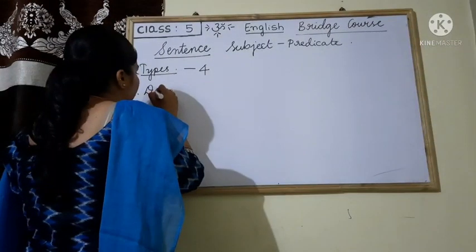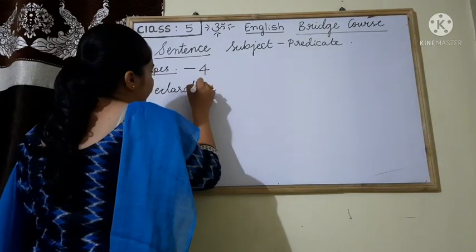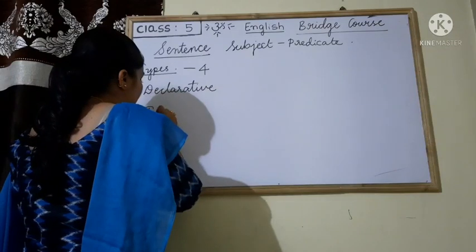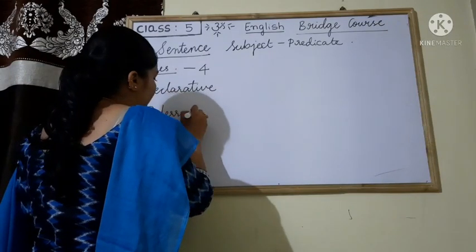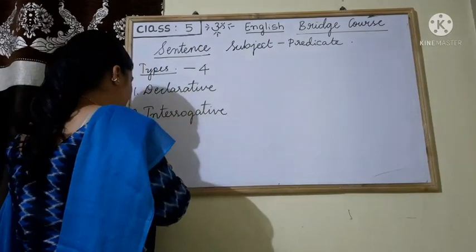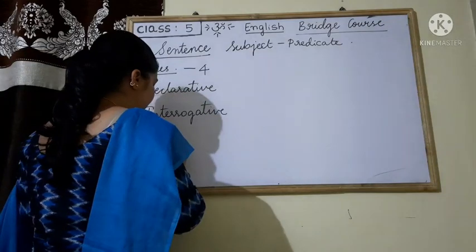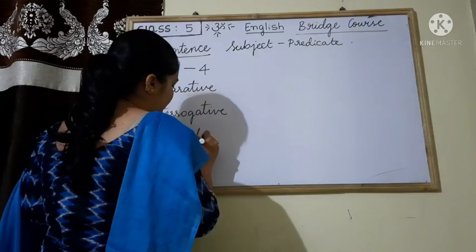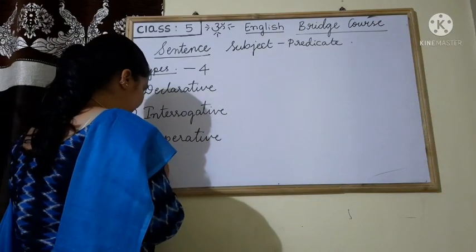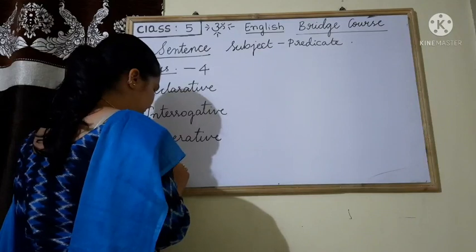They are declarative, second one interrogative, third one imperative, and fourth one exclamatory sentence.